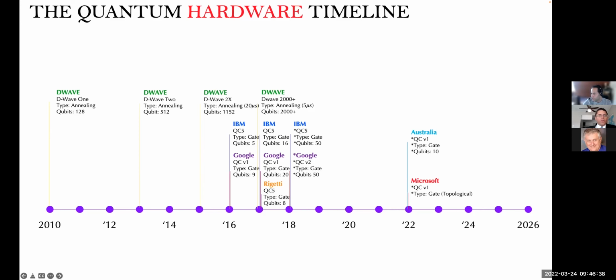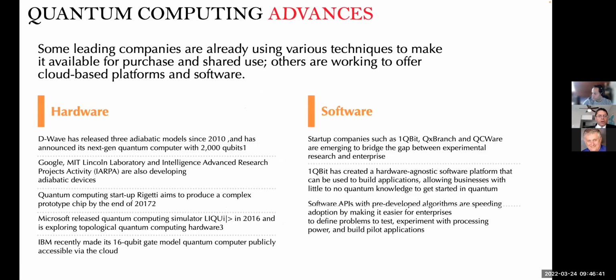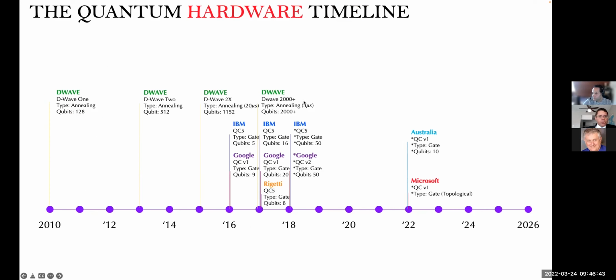So David, for annealing, it says 5 microseconds. What is that referring to? It's annealing. I think it's from the time you run on the quantum device until you have a response.